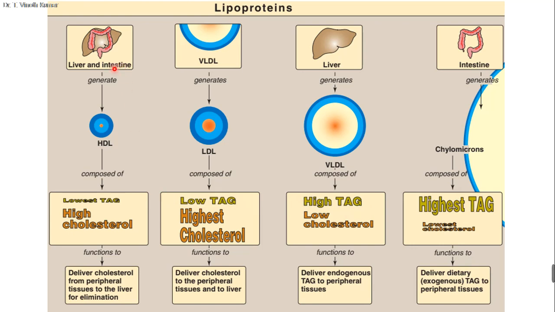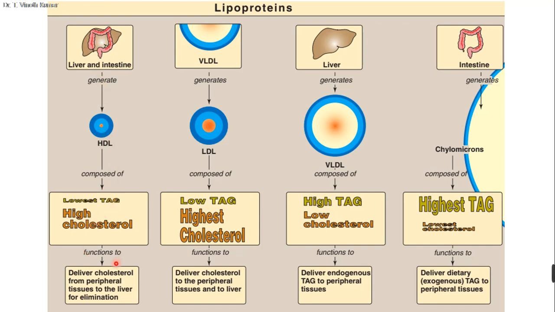Next is HDL, the lowest in triacylglycerol. LDL has low triacylglycerol and the highest concentration of cholesterol, and its function is to deliver cholesterol to the peripheral tissues and to the liver. So next one is HDL. The liver and intestine generate HDL, which is composed of the lowest amount of triacylglycerol and a high amount of cholesterol.